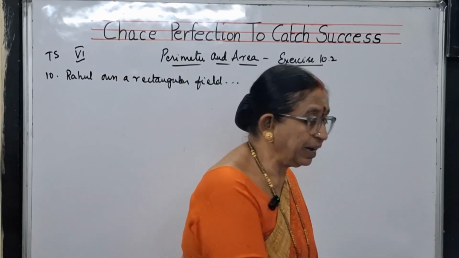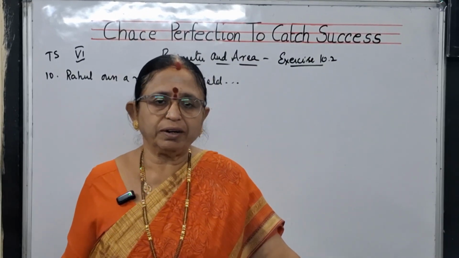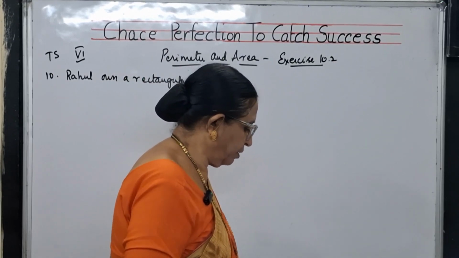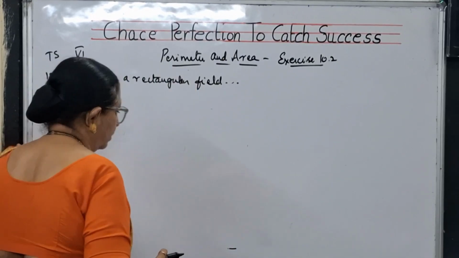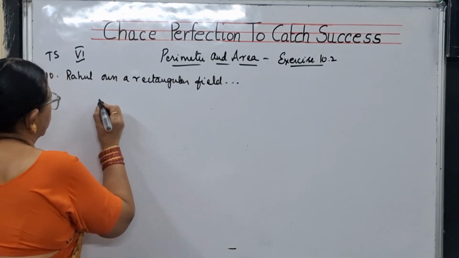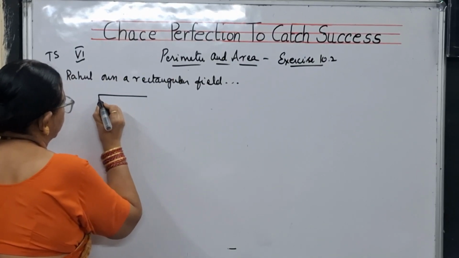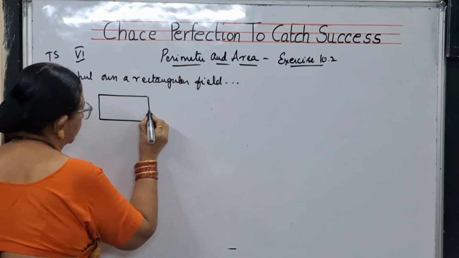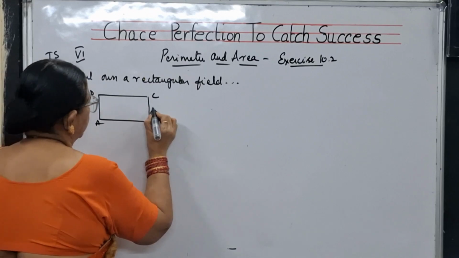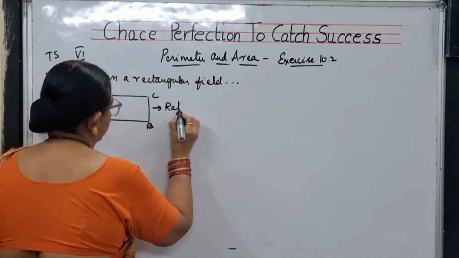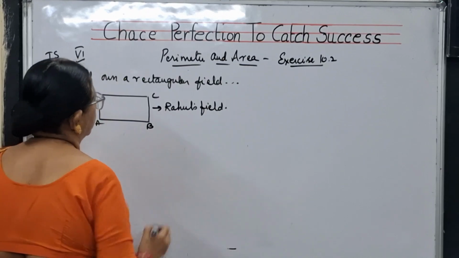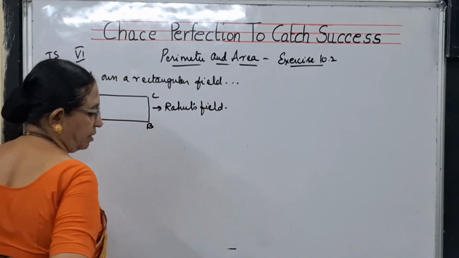This is the question, children. You have got two people, one is Rahul and another one is Ramu. So, what is the field of Rahul? Let us say this is A, B, C, D. This is Rahul's field. In this, what did they say?